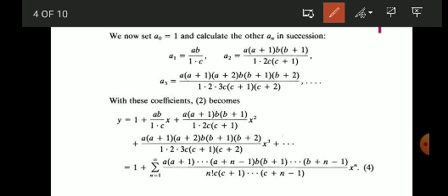Put n equal to 0, then we get a1 equal to ab by 1 into c. a2 equal to a into (a+1) b into (b+1) by 1 into 2, c into (c+1). Similarly, a3 equal to a(a+1)(a+2) b(b+1)(b+2) by 1 into 2 into 3, c(c+1)(c+2).